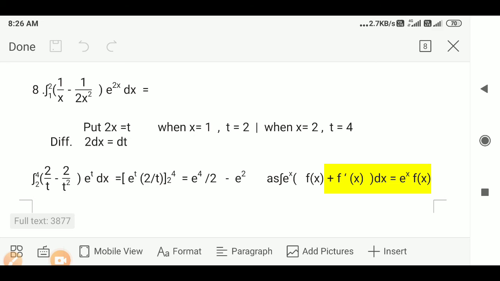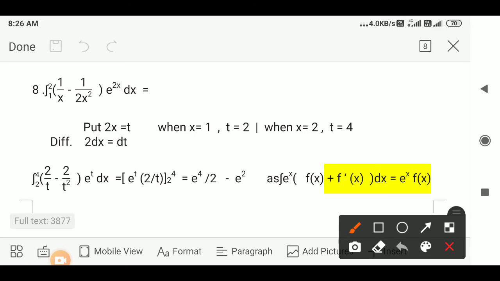X square means (t upon 2) square. From here x is equal to t by 2, so in each place of x we write t by 2. So the result becomes like this.